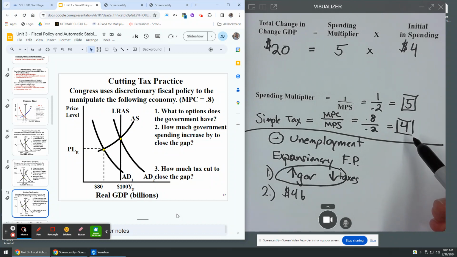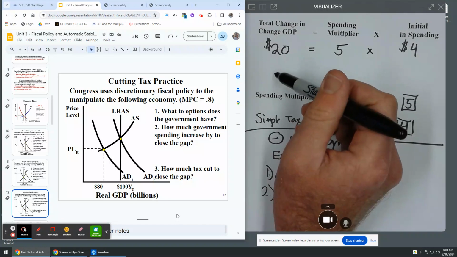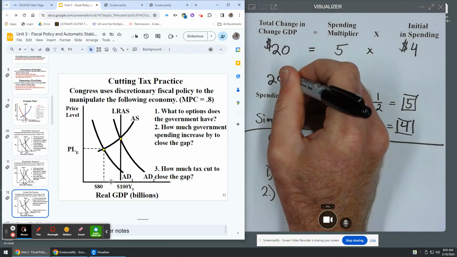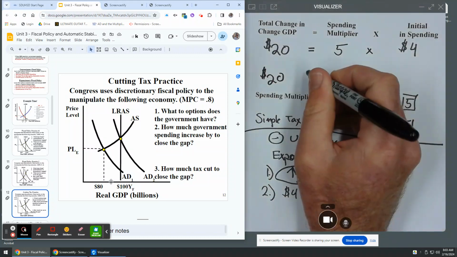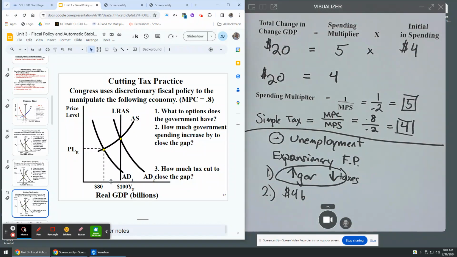So now I can just re-tackle the problem, but use our tax multiplier. So my total change in GDP is still the same. I'm still looking at this gap right here. My total change I need to address is 20 billion. But this time, I'm working with my tax multiplier. So in this case, my tax multiplier is 4.